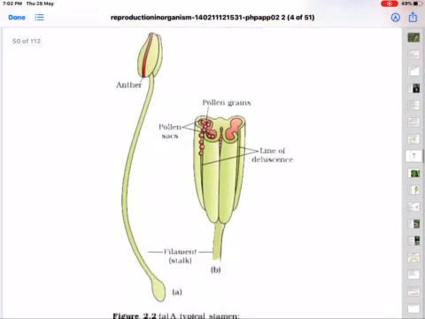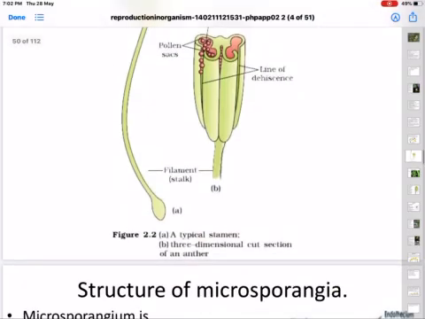In this picture we can see a stamen having an anther and a long stalk-like filament, and in the anther, four-lobed structures. Inside the pollen sacs, formation of pollen grains takes place, and on maturity of the pollen, dehiscence or dispersal of pollen grains takes place.